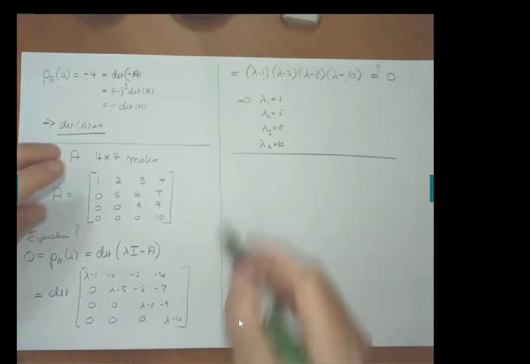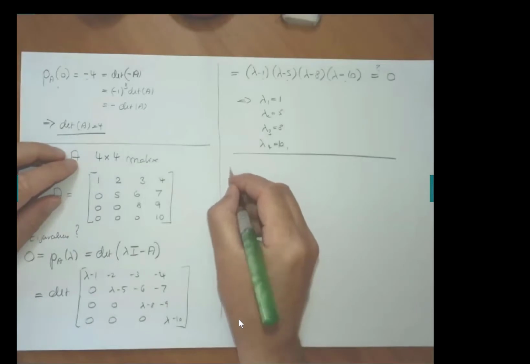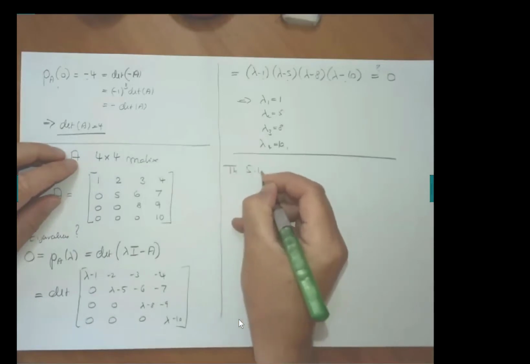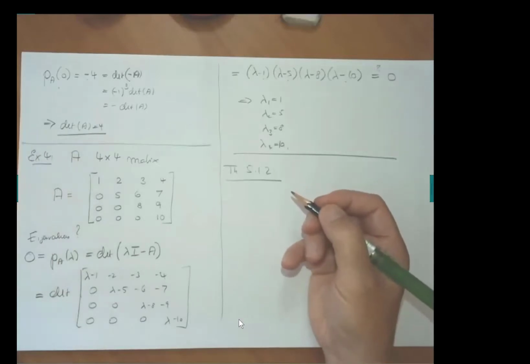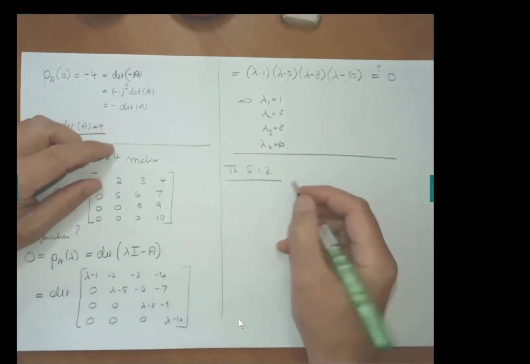These easy matrices are diagonal, upper, and lower triangular matrices. And in your book, this is theorem 5.12. So after the bad example before, this is now good news. For certain matrices, it's easy to find them.